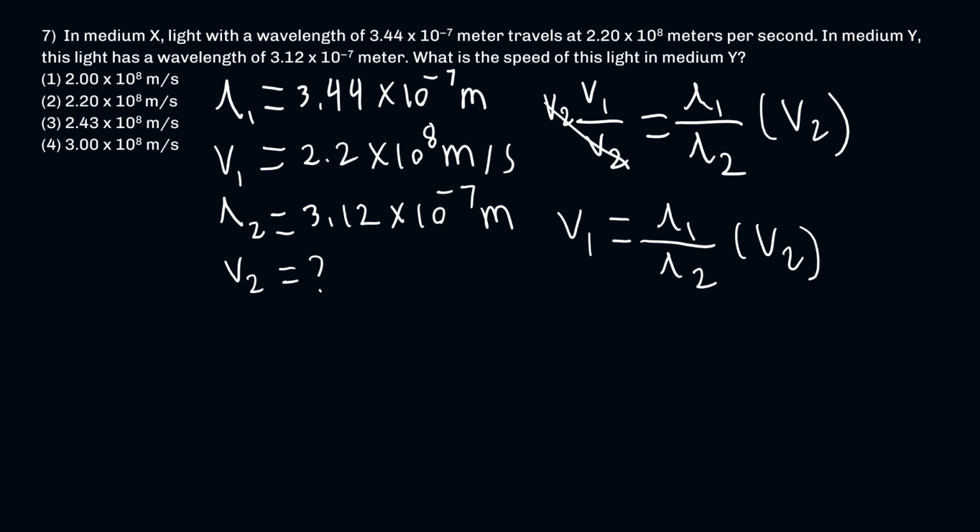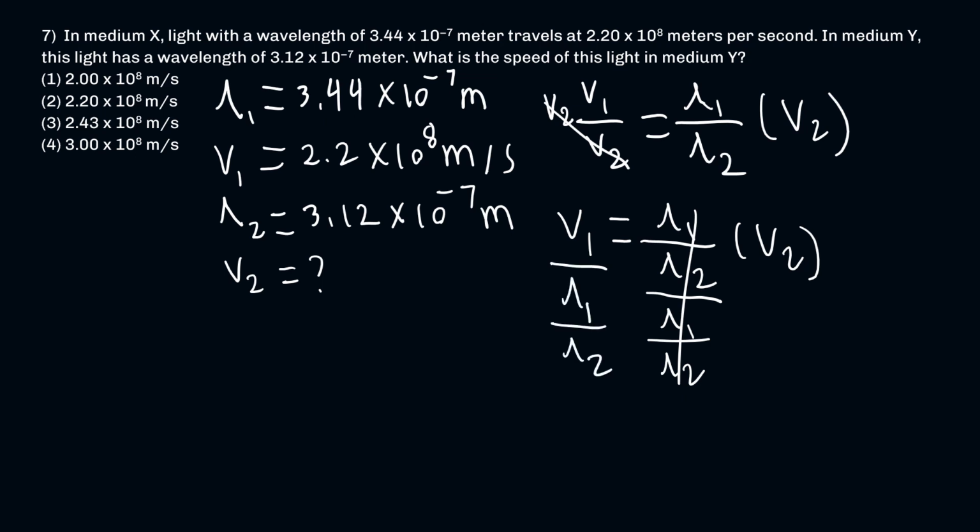All right, so wavelength 1 over wavelength 2 is attached to v2. So all I'm going to do is divide that out from both sides. So over here, it will cancel. On the other side, it will essentially be flipped.